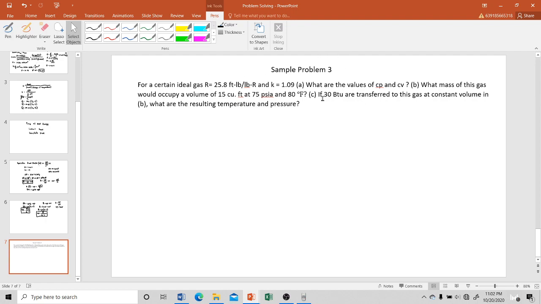Okay, so first let us get the Cp by using the formula Cp is equal to Rk over k minus 1.